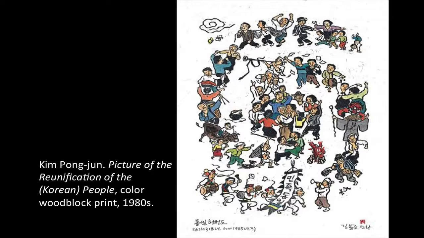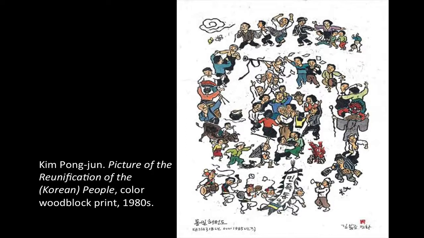So their solution to cultural uprooting was the rediscovery of Korean traditional values and traditions. In this woodblock print, you can see how the Minjung artist Kim Pong-jun envisioned the future of the Korean people.